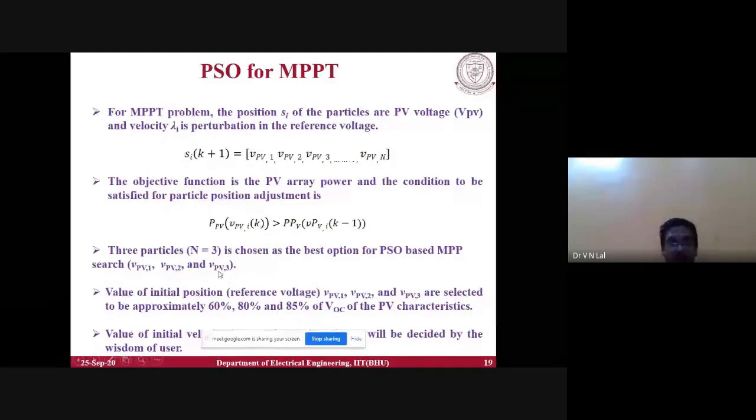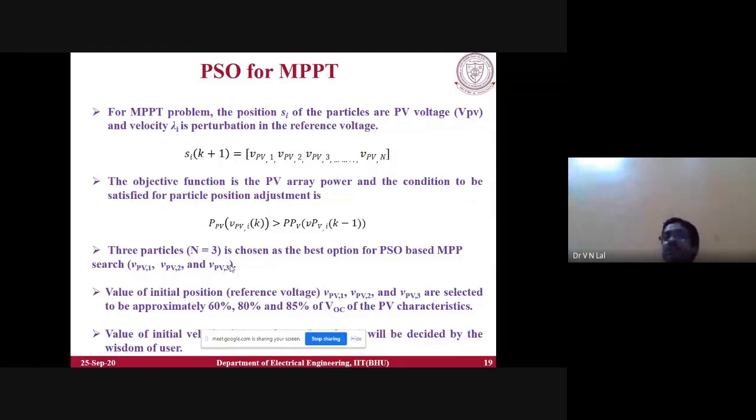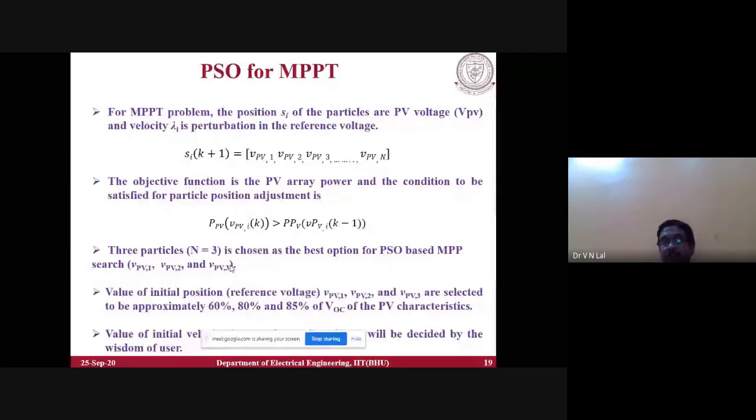Okay, how are these chosen? There will be some basis for that. This initialization of 3 particles is done so that it gives the possibility of searching the full area of that characteristic, the whole area of the PV characteristic should be searched.